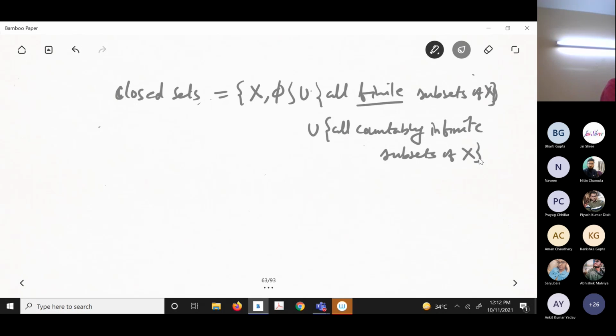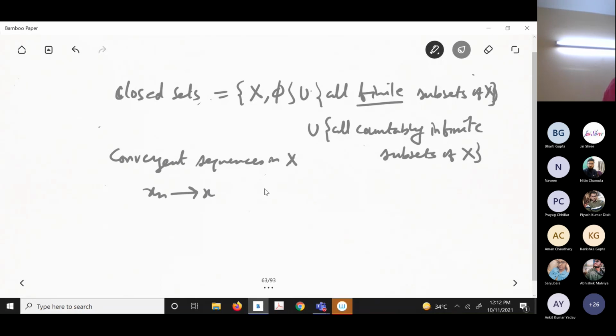Now look at what will be the convergent sequences. Whatever argument I gave is correct, except that you have to take the co-countable topology and X uncountable. Convergent sequences in X: suppose Xn goes to x, Xn is a convergent sequence.